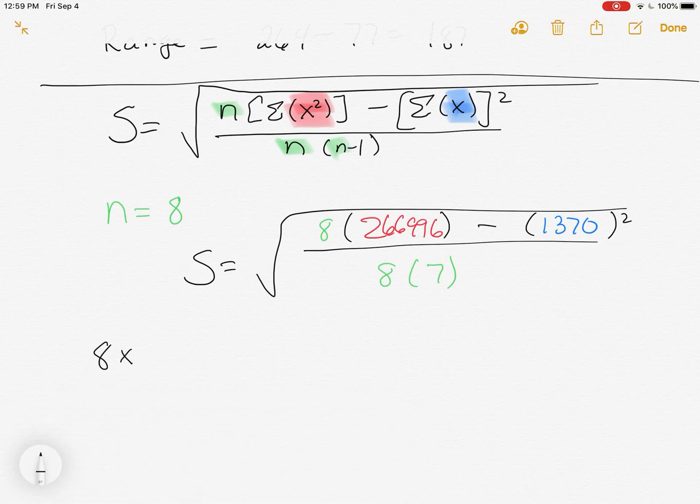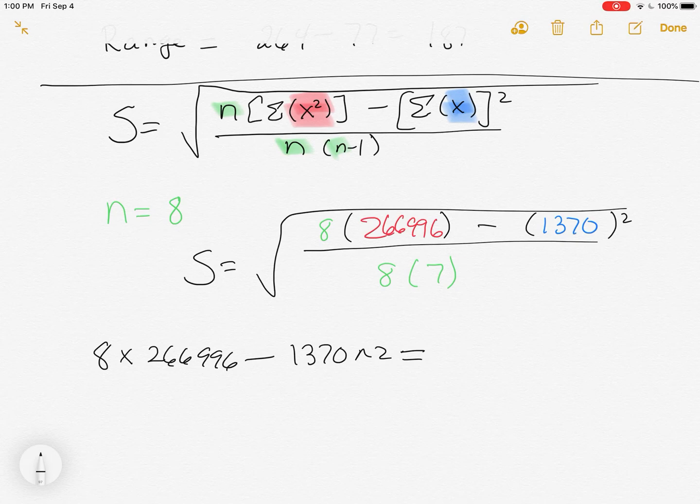8 times 266996 minus 1370 and raise it to the second power. Your calculator will know to raise the 1370 to the second power first, then do the multiplication, then do the subtraction. But we needed to do all of that before we divide, so we're going to hit an equals.